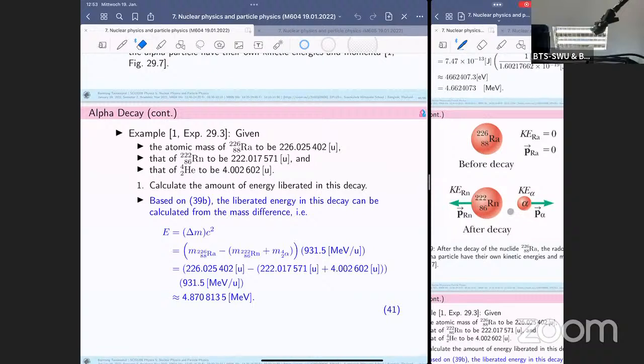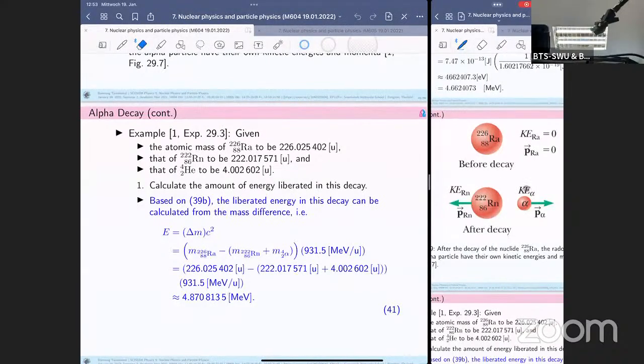And what is the meaning of the mass deficit, the mass disappearing? The mass that disappears is transformed to energy. The energy could be dedicated to something, like they could move, right? When they move, there will be kinetic energy, denoted here by KE, kinetic energy.